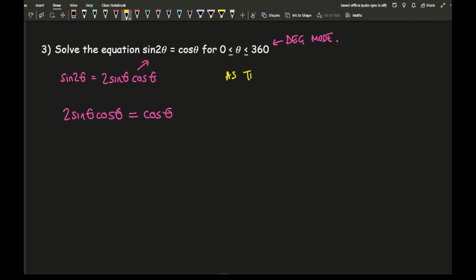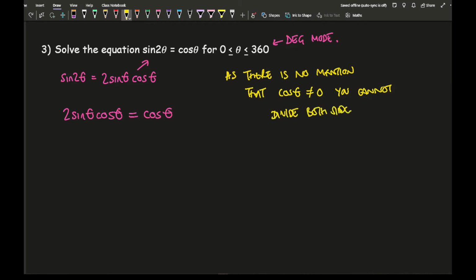As there is no mention that cos theta cannot equal 0, you cannot simply divide both sides by cos theta.